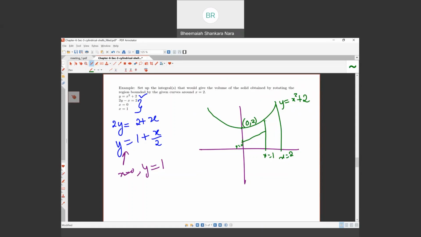So here is the shaded region. When we rotate the shaded region, here is the height of this shaded region.